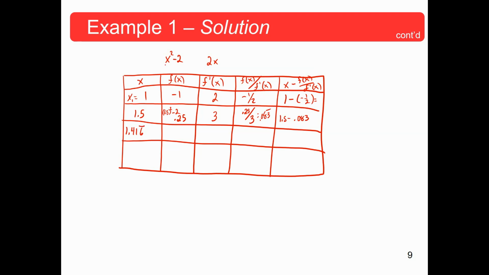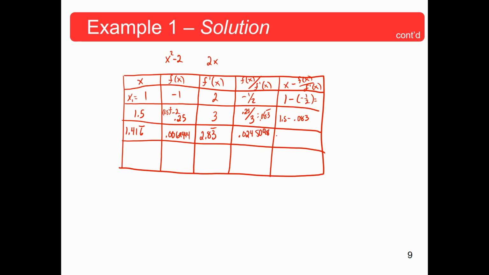So I'm going to plug that in. Let's go ahead and square that. Minus 2 gives me 0.0069444, right? If I plug in 1.416666 times 2, that gives me 2.83 repeating. So I'm going to divide the 0.0694 by 2.83, and that's going to give me 0.0245098, and so on.